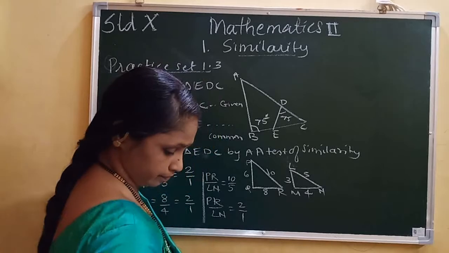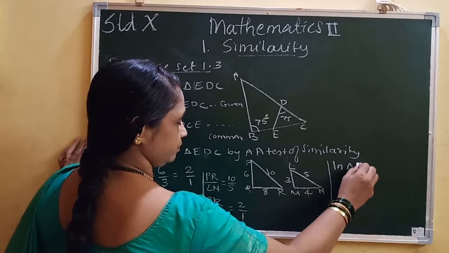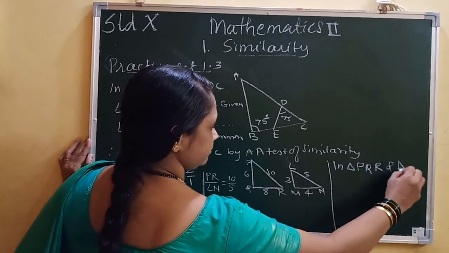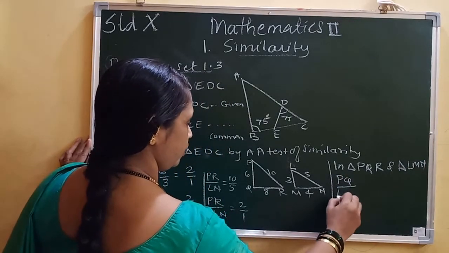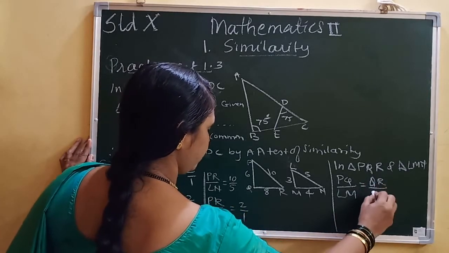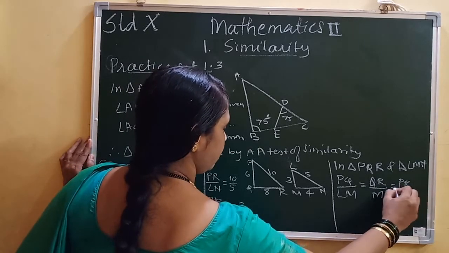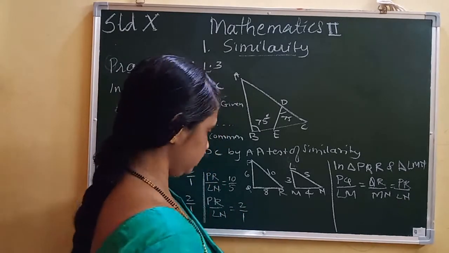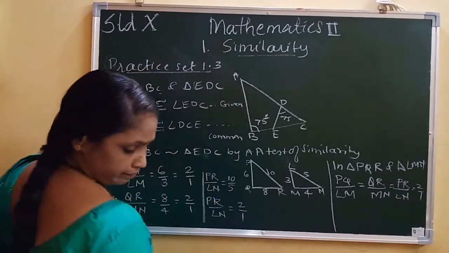Okay, therefore in PQR, PQ upon LM is equal to QR upon MN is equal to PR upon LN, which is equal to 2:1.